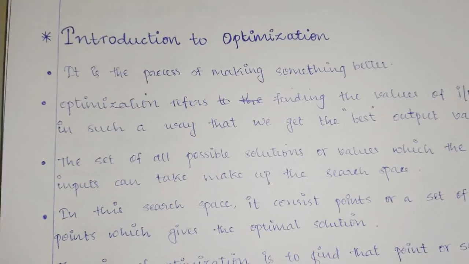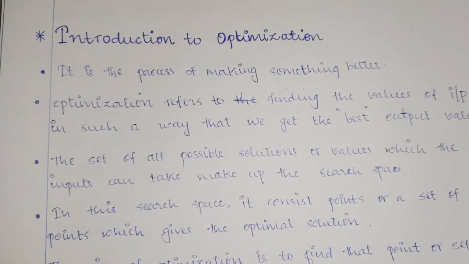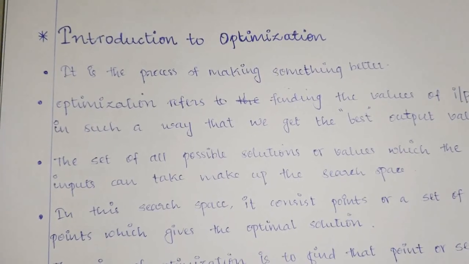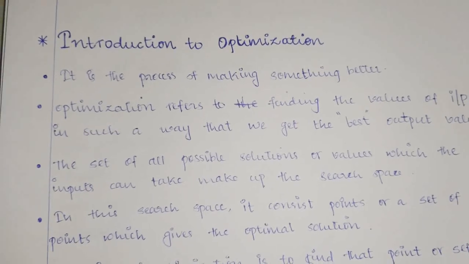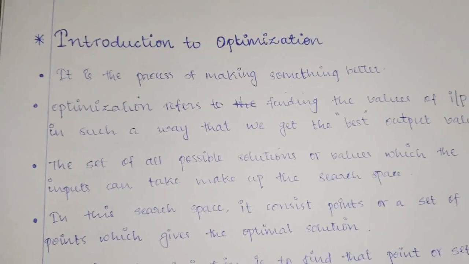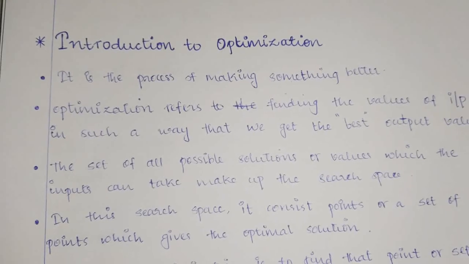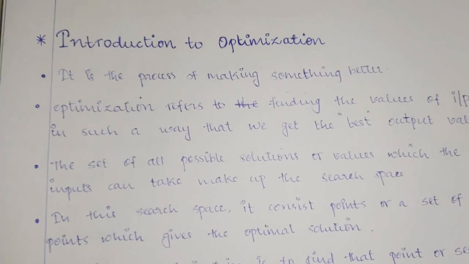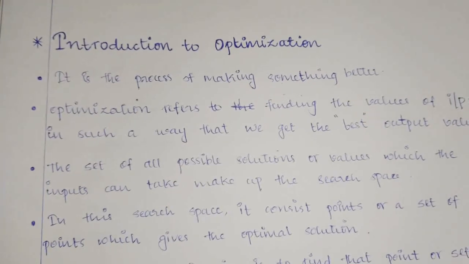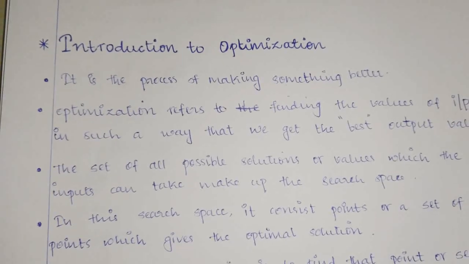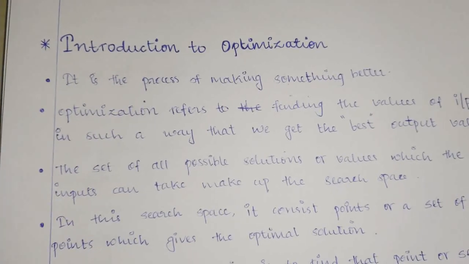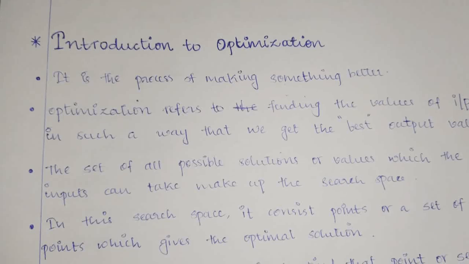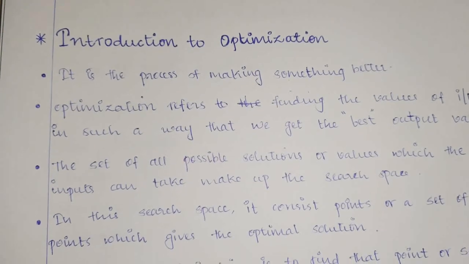So optimization refers to finding the values of inputs in such a way that we get the best output values. The term best means correctness or accuracy of those values. This accuracy or correctness is related to the complexity of the problem, and it varies from problem to problem.